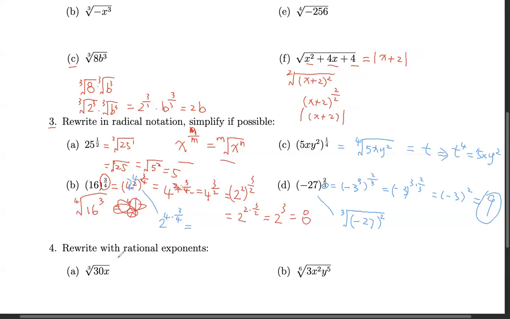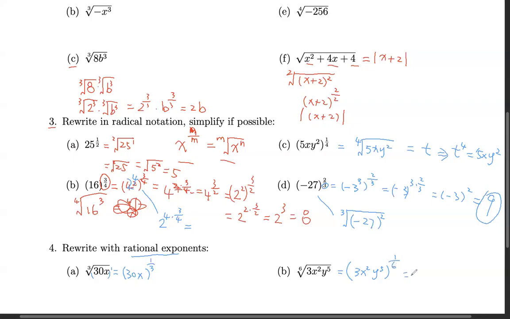Let's see 4. Rational exponent. Here we can think of 30x as one thing that's raised to 1/3. So we can write it as 30x in parentheses raised to 1/3. Let's see b. B we can write as 3x squared y to the 5th power, all raised to 1/6.